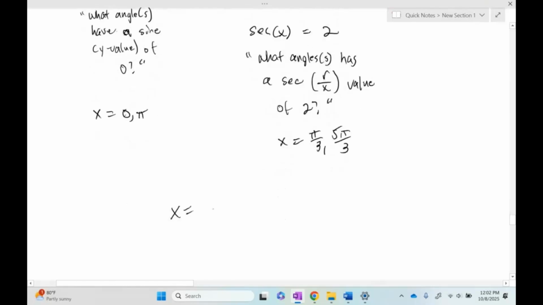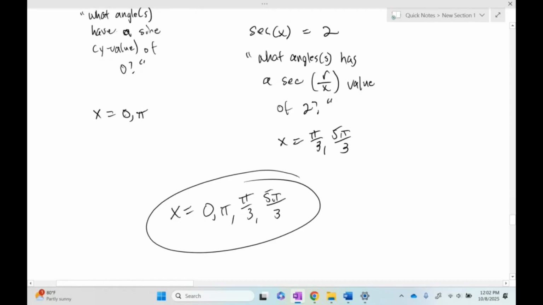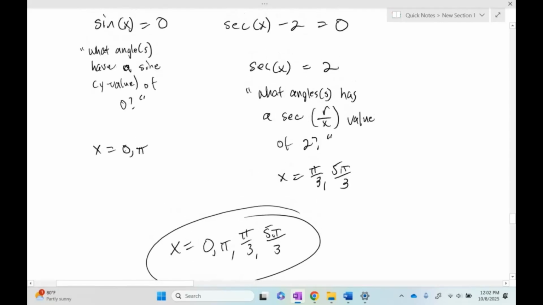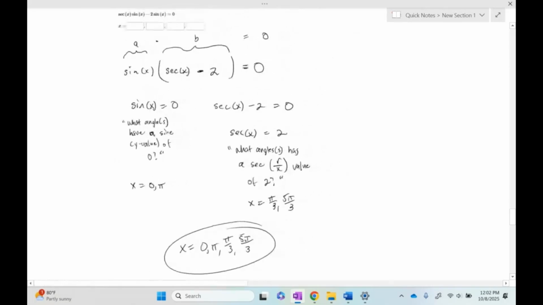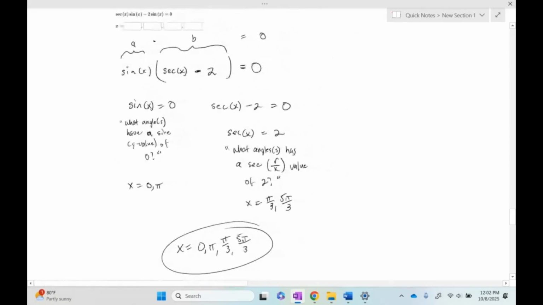So altogether we have 0, pi, pi over 3 and 5 pi over 3. So even though the original problem was linear, we still use a quadratic method. Okay. All right.